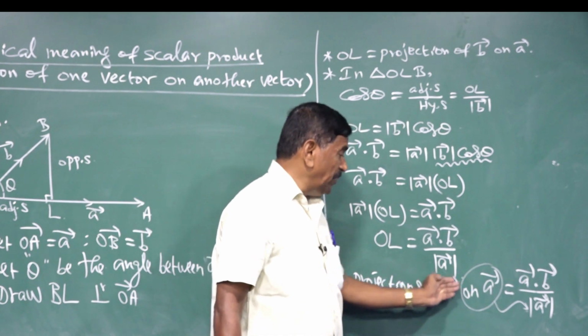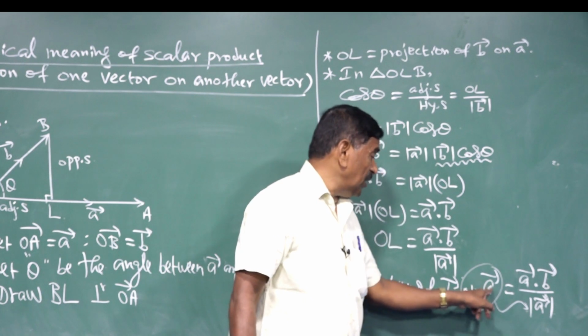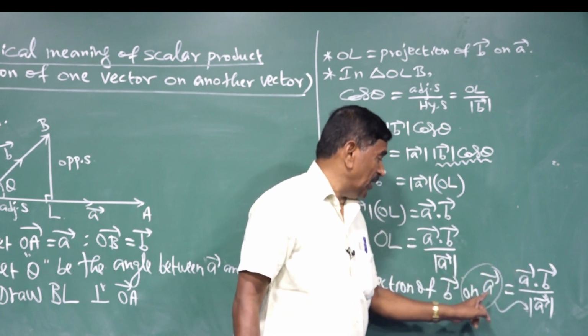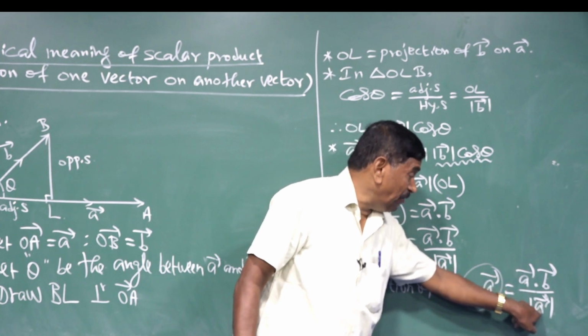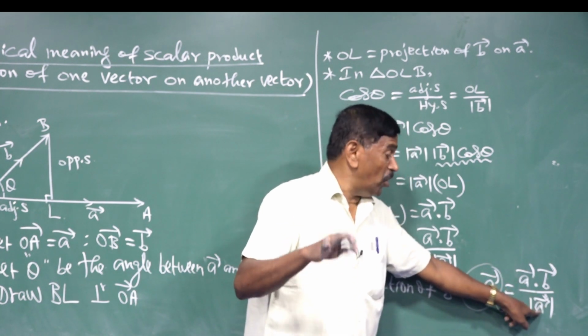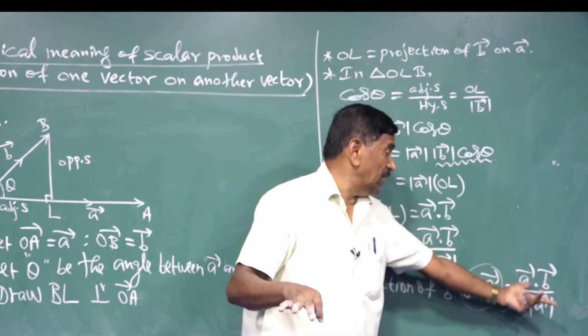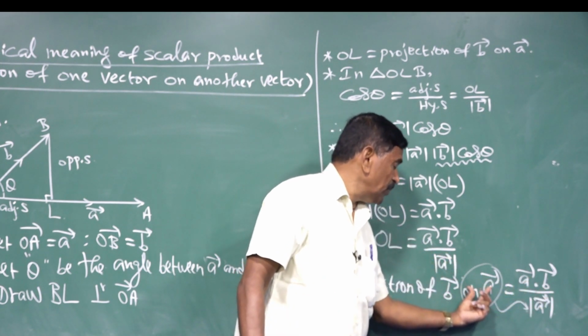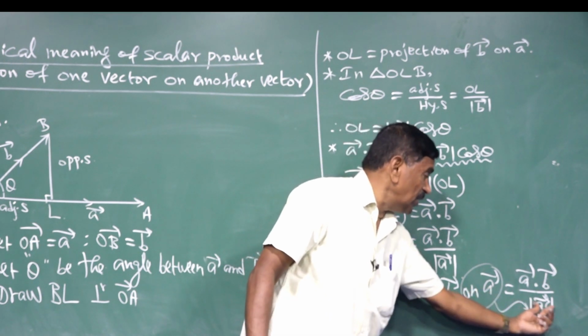Here, projection of B vector on A vector: A vector dot B vector is the numerator, but whether modulus A vector or modulus B vector is the denominator, that is the problem. For that, the technique is that the "on" keyword comes in the denominator, that is, "on A vector" gives modulus A vector.